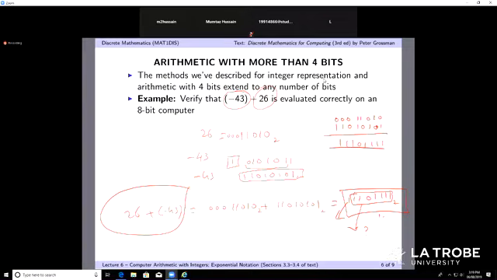And after that, to represent the rest of the digits, 1, 2, 3, 4, 5, 6, 7, 8, we find the binary representation of 17. That would be 8, 1, 4, 0, 2, 0, and 1, so you would have 1, 0, 0, 0, 1.